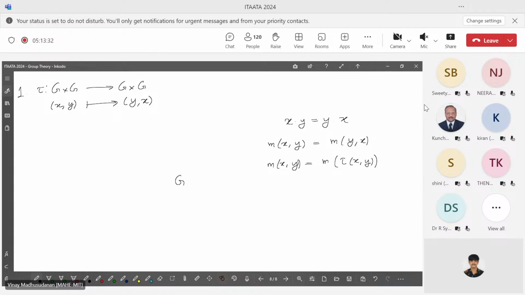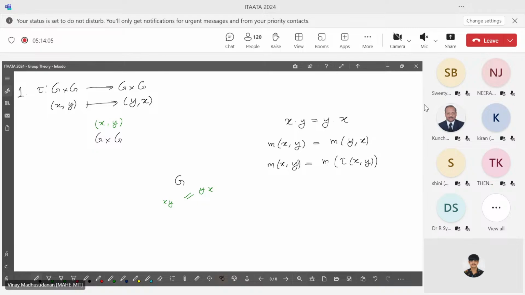In fact, both start from (x, y), which is from G cross G. Ultimately, the two things you need to get are x dot y and y dot x. These need to be equal. So there are two ways of going through this diagram to give you these two different things, but since the diagram commutes, they must be equal.